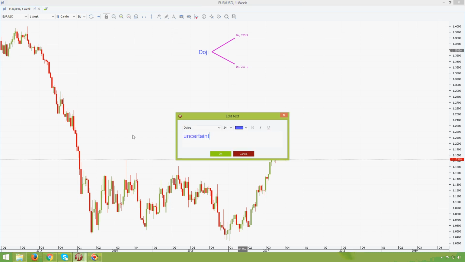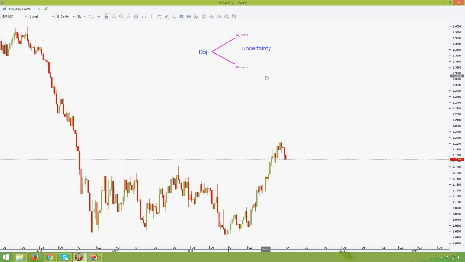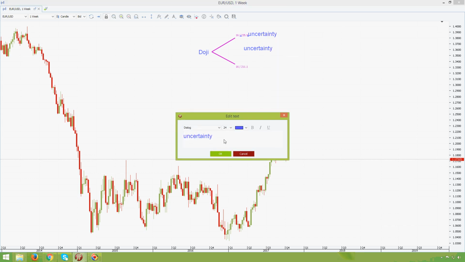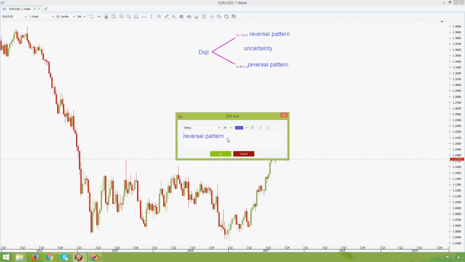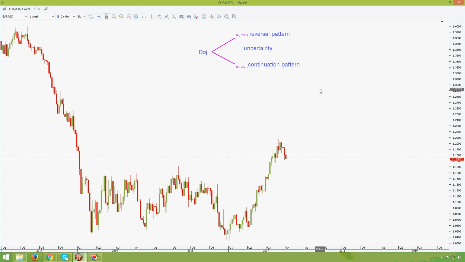Let's put that here, that it's both a reversal pattern and a continuation one. Therefore, you don't really know how to trade a Doji continuation pattern unless you fully understand the concept.